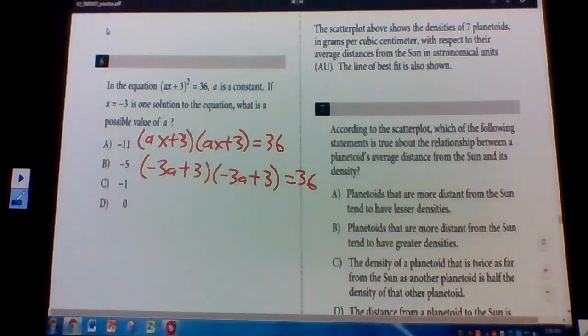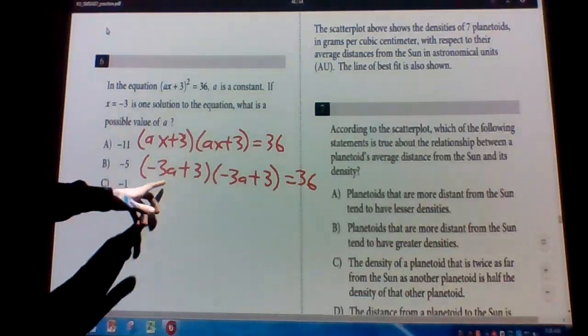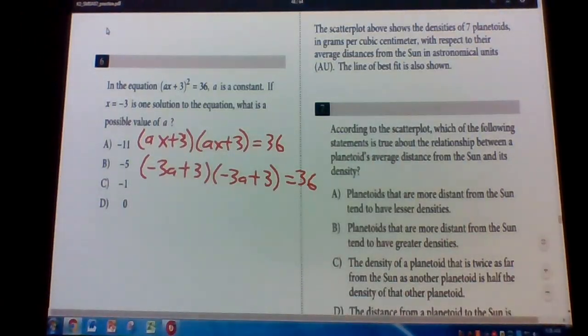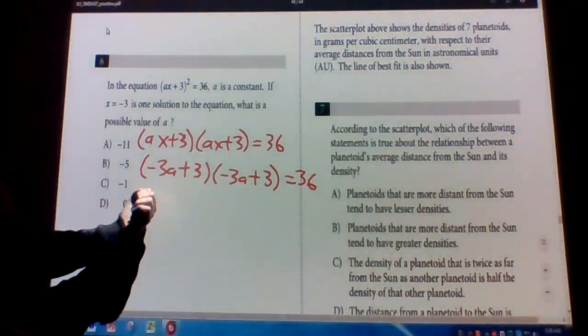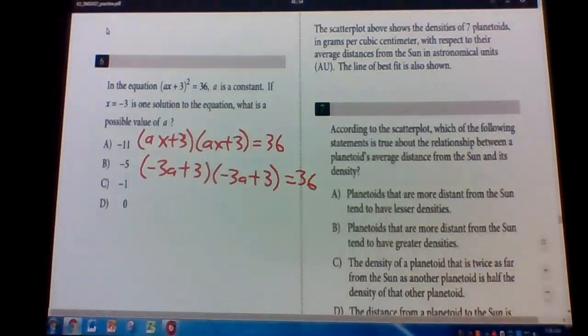Okay, and then you can graph that if you want. Graphing it would be a good way. Again, just use x instead of a, and then it should be able to give you the possible values. Or set it equal to 0 first, subtract 36 from this side, and then you could graph it, and you'd be looking for the zeros. That would be your answers for a.